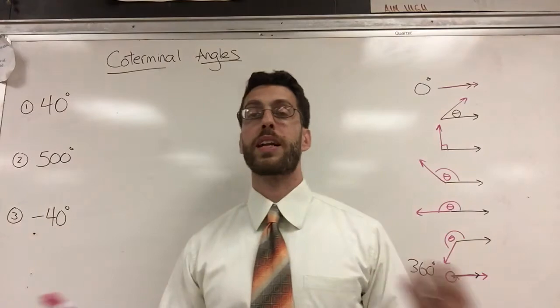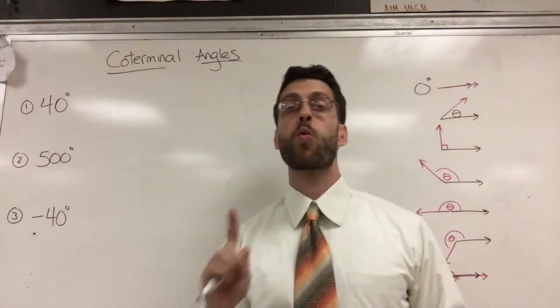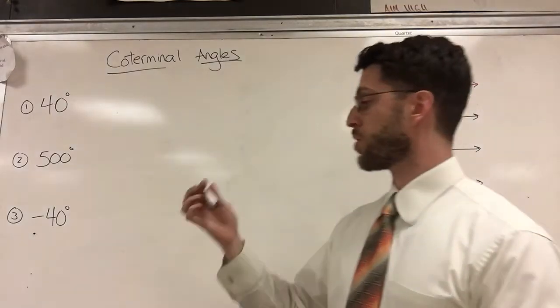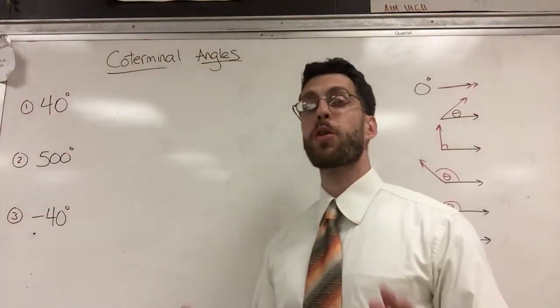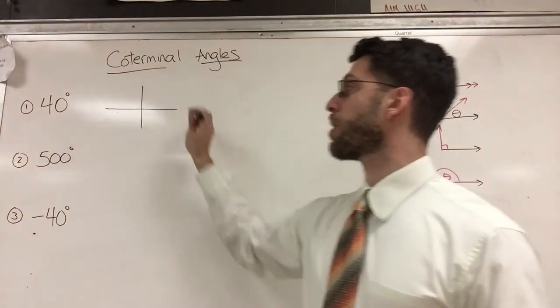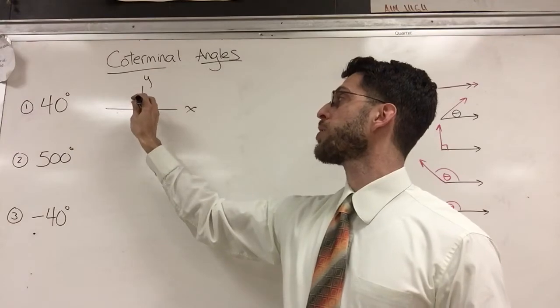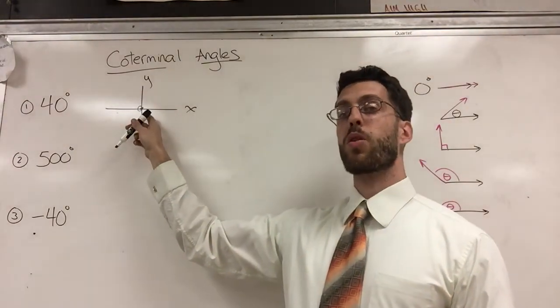That's actually important to find any coterminal angle. So let's look at 40 degrees. First graph it and then tell me one coterminal angle. It doesn't have to be perfectly drawn to scale to understand the concept here. So I'm going to take 40 degrees and I'm going to put it on a graph. Here's my x-axis, my y-axis, my origin is here. So the vertex of the angle is going to go on the origin.